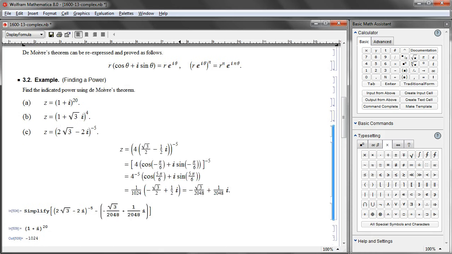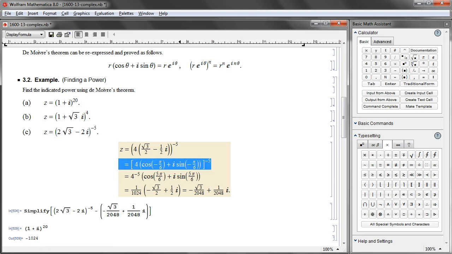You can express the inside in polar form by taking the modulus and then doing the usual trick. Theta is arctangent of y over x, and in this case simply taking arctangent will be okay because the point is in the fourth quadrant. In any case, we have 4 times cosine of negative pi over 6 plus i sine of negative pi over 6.